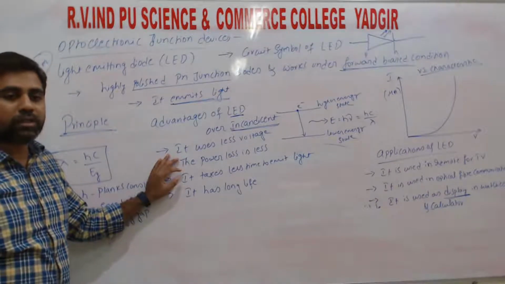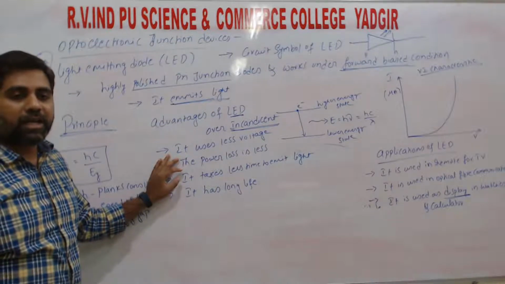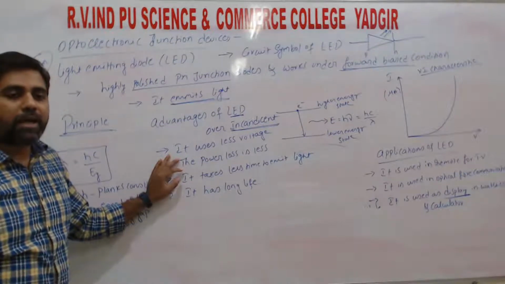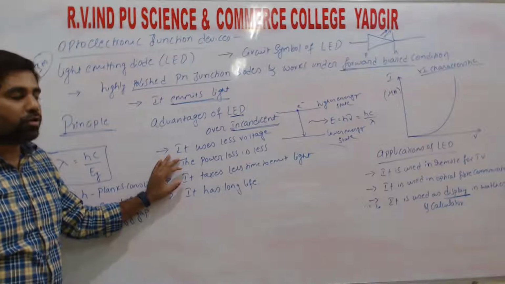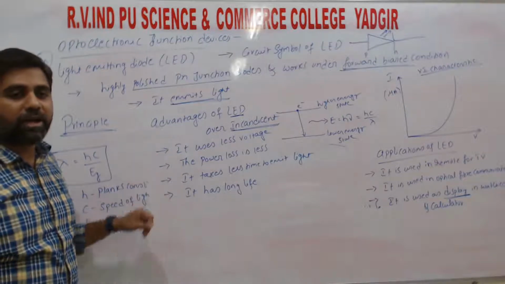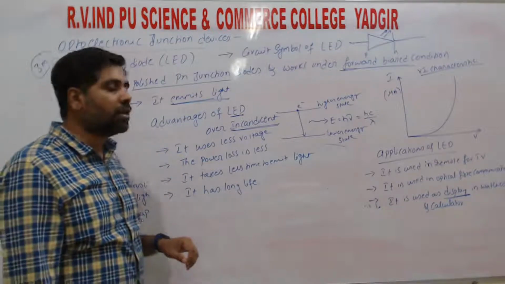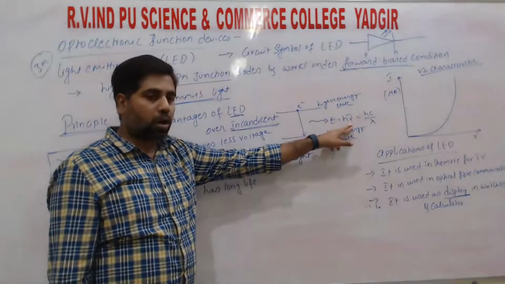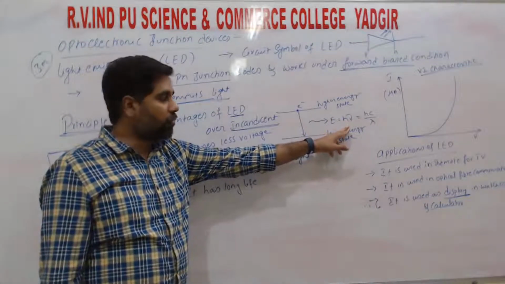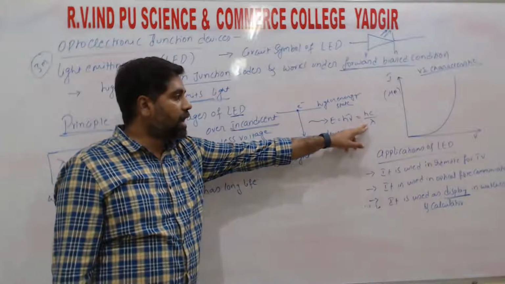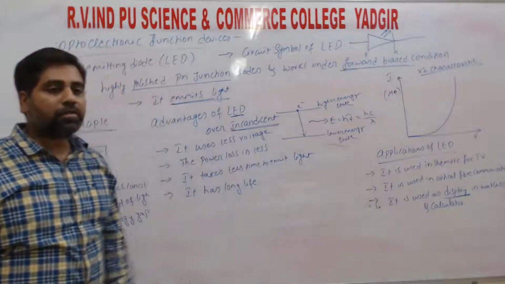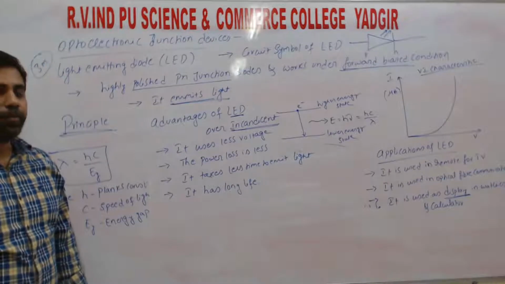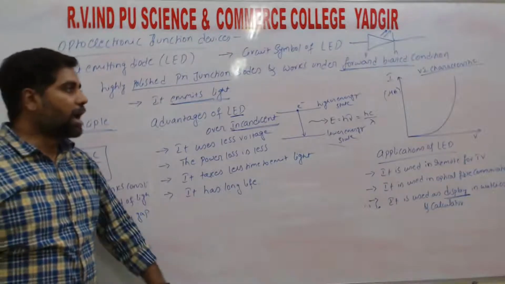During this process, the electron shifts from a higher energy level to a lower energy level. Due to this difference in energy level, it emits radiation of wavelength lambda, right? That energy we call a photon. It emits a photon of energy hc divided by lambda, where lambda is the wavelength of the emitted radiation, right?